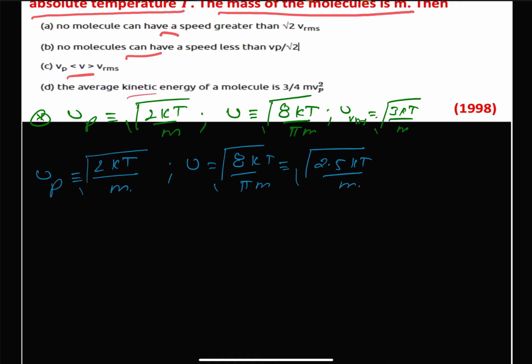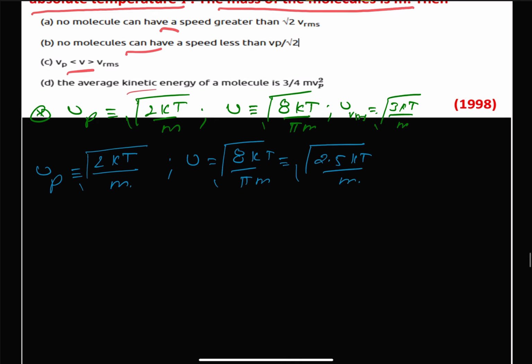And Vrms we already know, so we can write that our Vp square will be equal to 2 kT upon m, and our V square will be equal to 2.5 kT upon m, and Vrms square will be equal to 3 kT upon m.